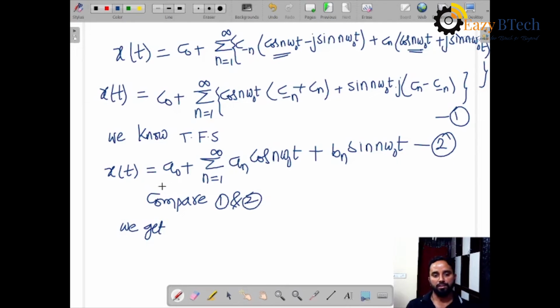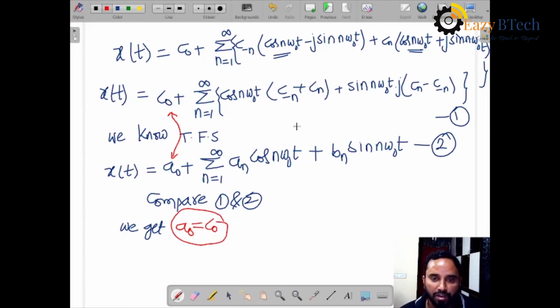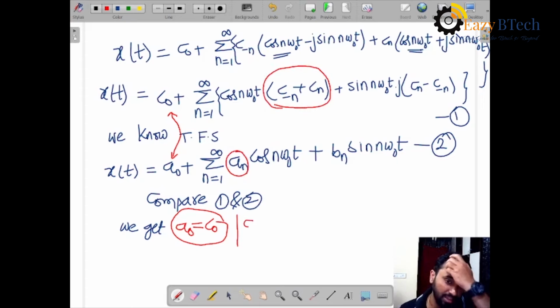A naught is equal to C naught. This is our first relation. Another relation: here with cos n omega naught t we have Cn plus C minus n, and here we have An. So this is the second relation: An is equal to Cn plus C minus n.